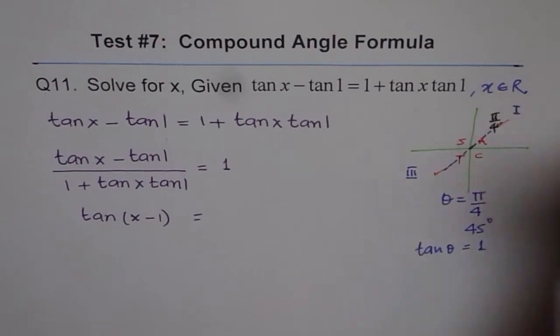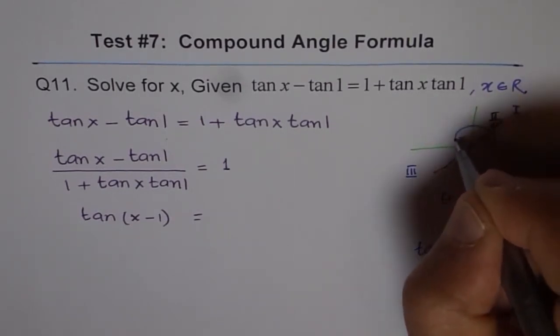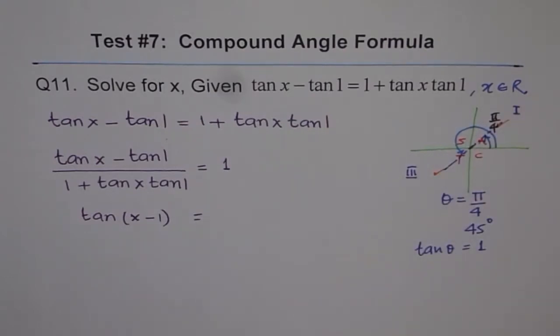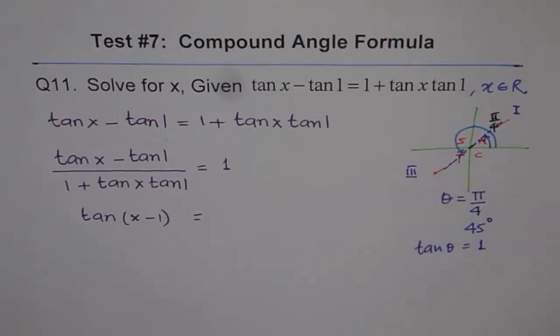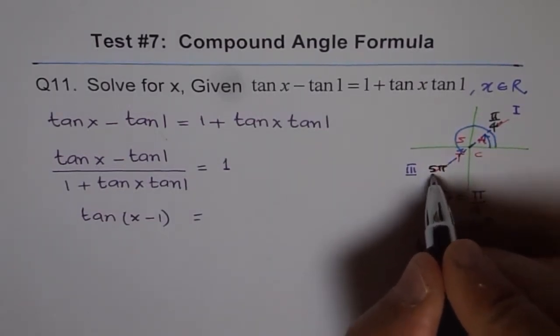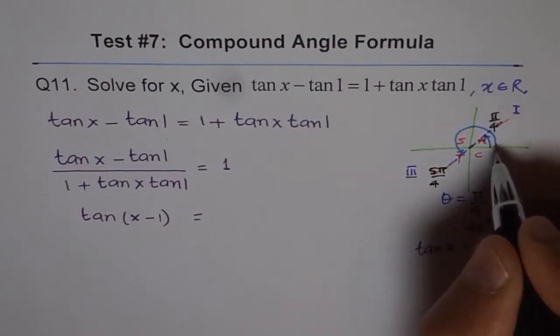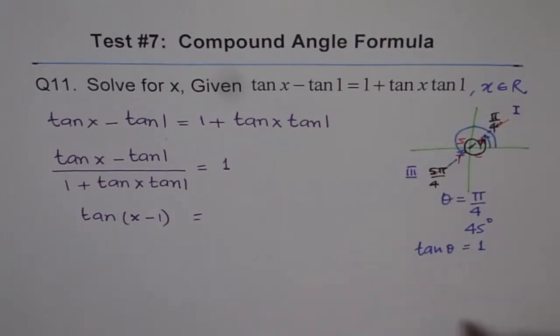Those are all the possible answers for us, so we need to specify all of them. First is pi by 4, and then pi by 4 plus pi, which is 4 pi by 4 plus pi by 4, so it becomes 5 pi by 4. Then again we add pi, and the next will be like this. Like that it continues.